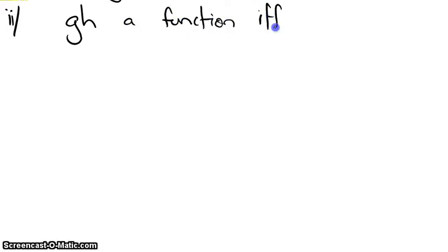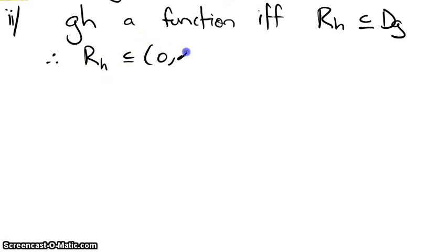So if we want gh to be a function, this happens if and only if the range of h is a subset of the domain of g. So the range of h has to be a subset of 0 to infinity, has to be entirely positive.